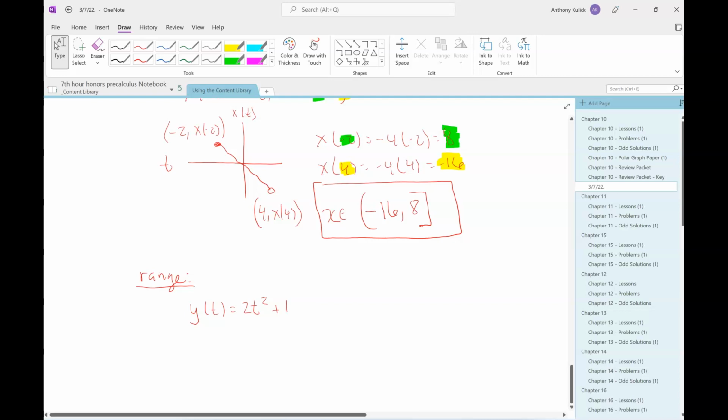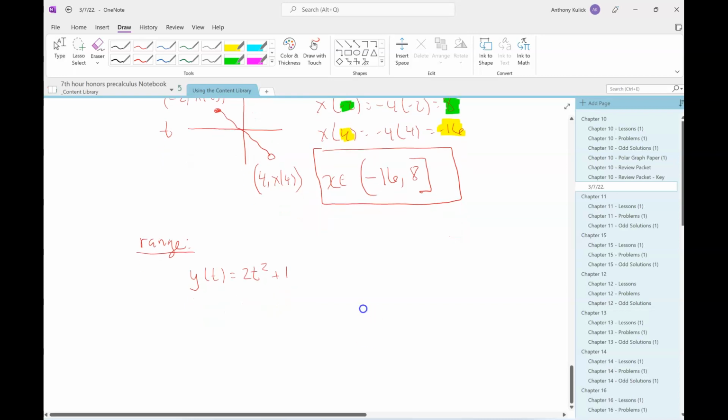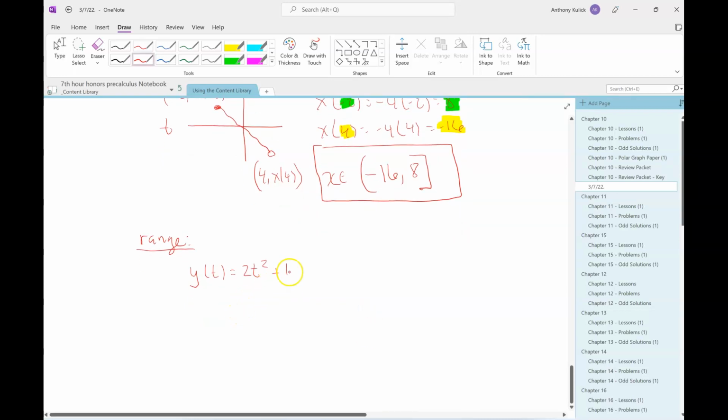Parabola. Okay. Do you guys remember, can you tell me anything about the shape of the parabola for 2t squared plus 1? It's opening up, very good, and the y-intercept is at 1. Okay, so let's write that down here first.